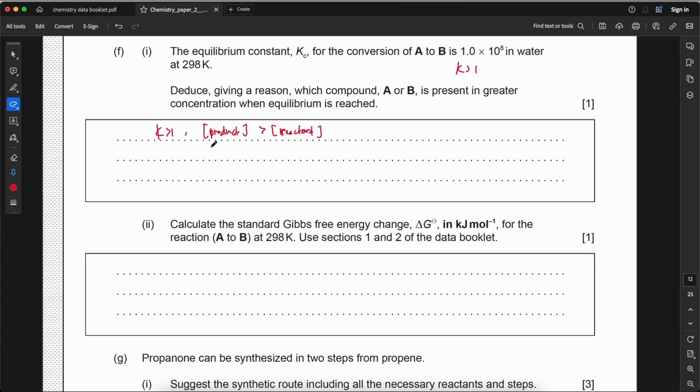Okay, B is the product. It means concentration of compound B is bigger than concentration of compound A, because K is bigger than 1. If K is less than 1, then the concentration of compound A, the reactant, is bigger than the concentration of product.